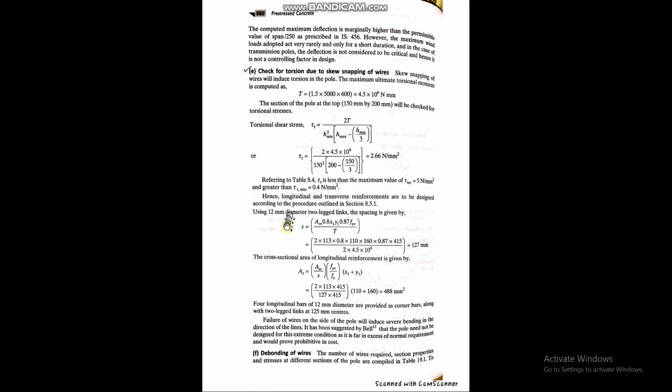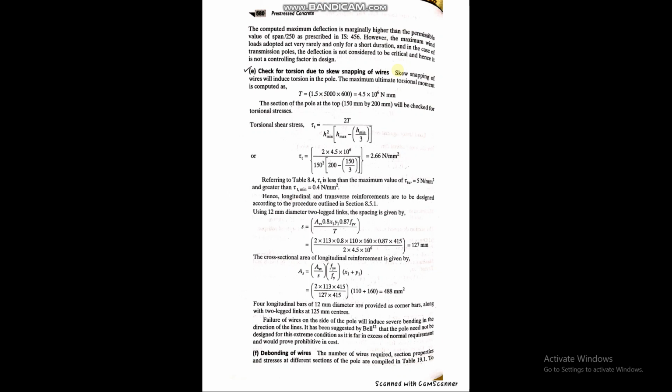So if you compare this scenario with your RC design structure, where you had a maximum shear stress, and if it exceeds the maximum shear stress, then you had to redesign the structure.